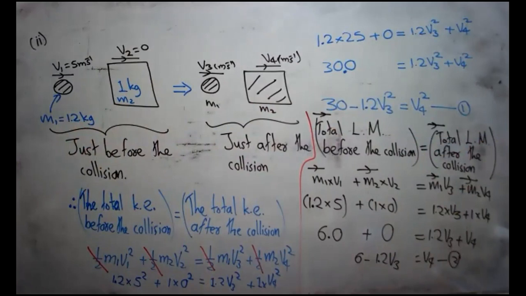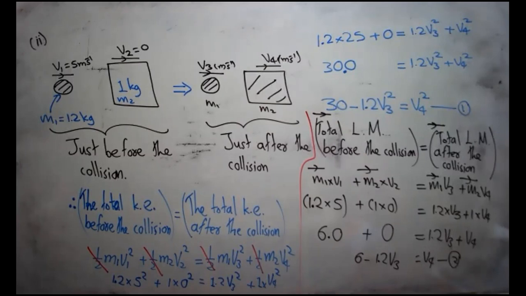Now we have a big problem, dear. What is the problem that we face? In the first equation, the v3, v4 terms are in square format, v3 square, v4 square. Am I right, dear? In the second equation, we have only v3 and v4 without square terms.